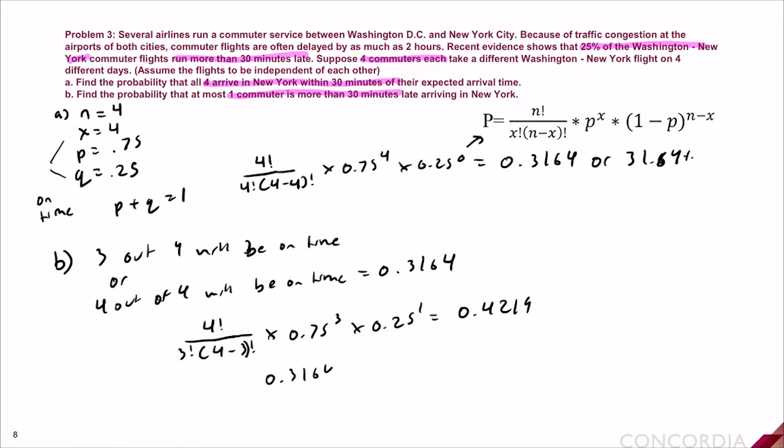We will add up both values to give us a final answer of 0.7383, or 73.83%, which is the probability of at most one commuter being more than 30 minutes late, or at least 3 out of 4 commuters being on time.